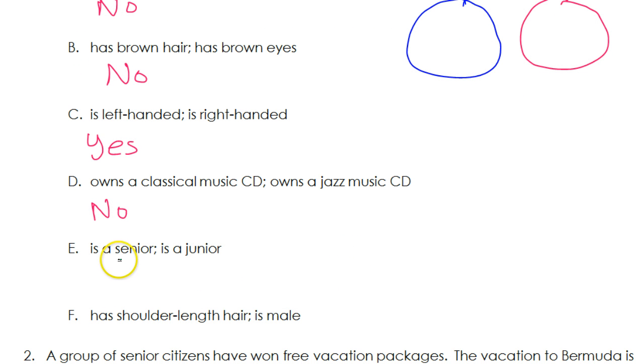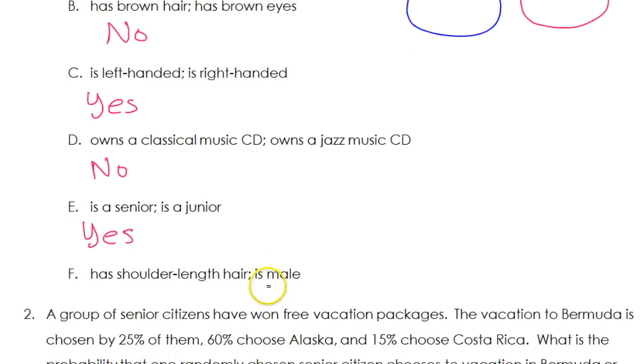Okay, a person is a senior, a person is a junior. These are mutually exclusive. You're either a senior or you're a junior, or you could be a freshman or a sophomore, but you can't be a senior and a junior at the same time. You can't be both. So those are mutually exclusive.